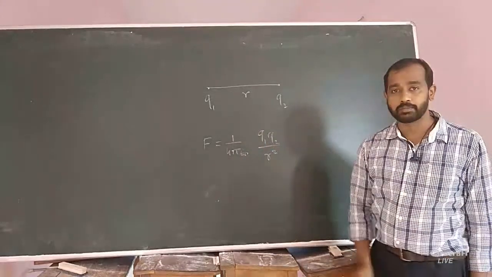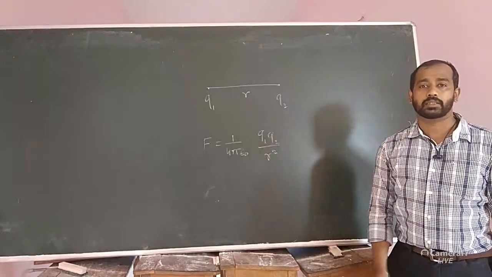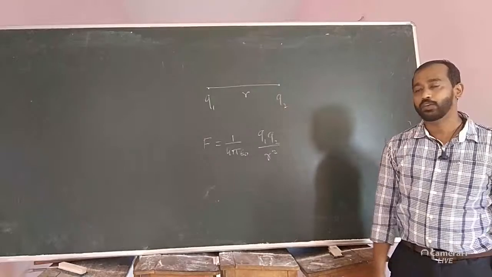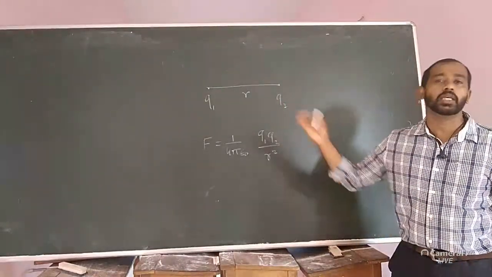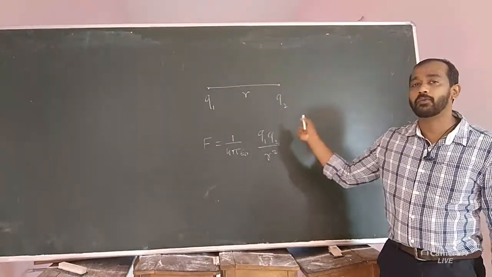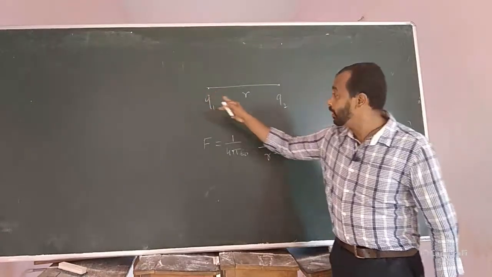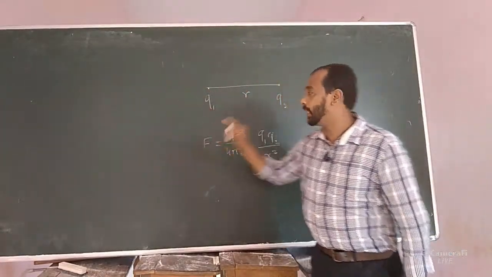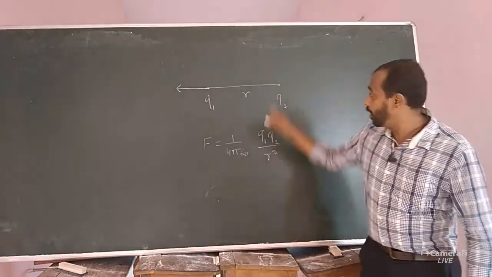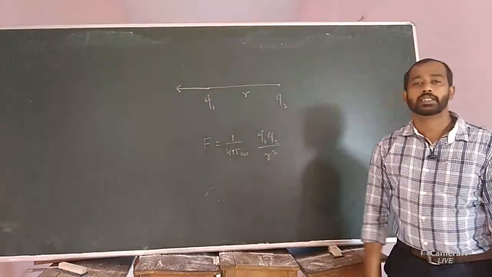And the direction of the force depends on the polarity of both the charges, not on a single charge. If they are both positive or both negative, that means like charges, then there is a force of repulsion. The charge Q1 will be repelled away from the charge Q2, along the line joining the two point charges and away from the other charge.